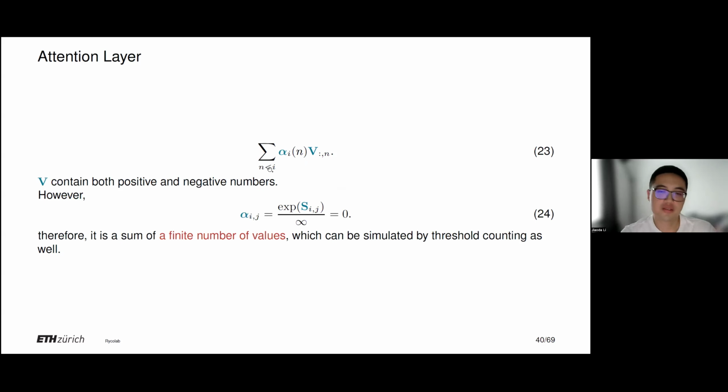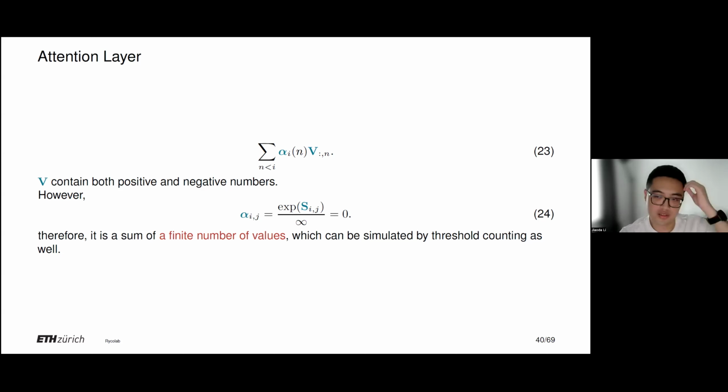Now we look at the second sum, which is different because it's a sum of the value matrices, and values can contain both positive and negative numbers. However, note that the attention weights computed by softmax will lead to a 0 if the denominator is an infinity. So this means the attention weights can only have a finite number of non-zero entries.